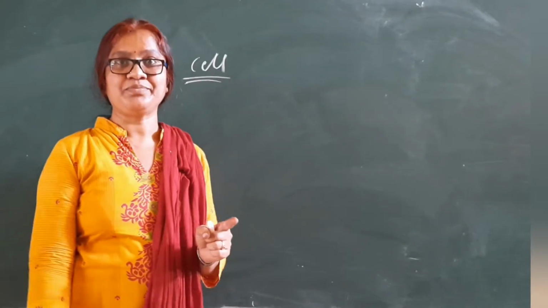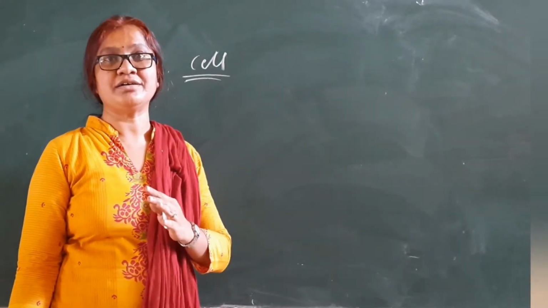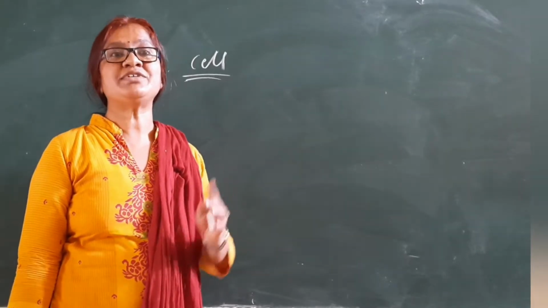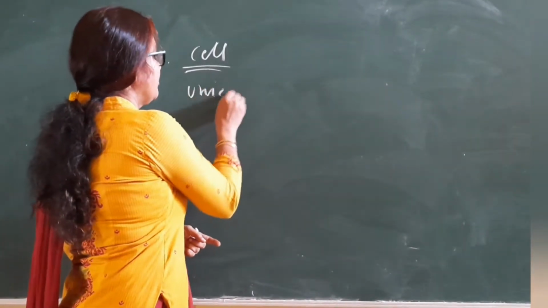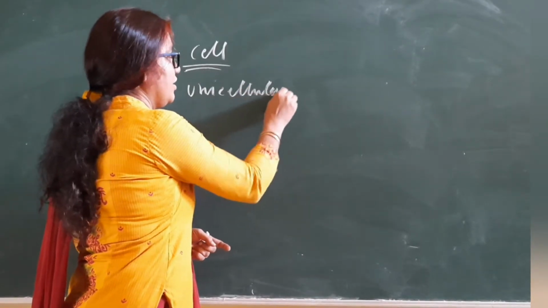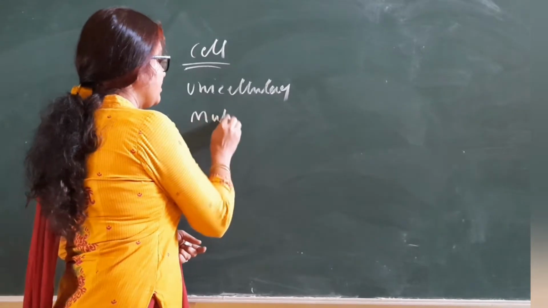I said the cell may be unicellular or multicellular. The organisms which have only one cell are called unicellular. The organisms made up of a larger number of cells are called multicellular.